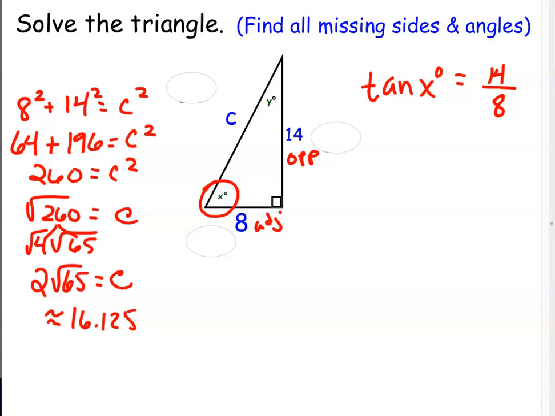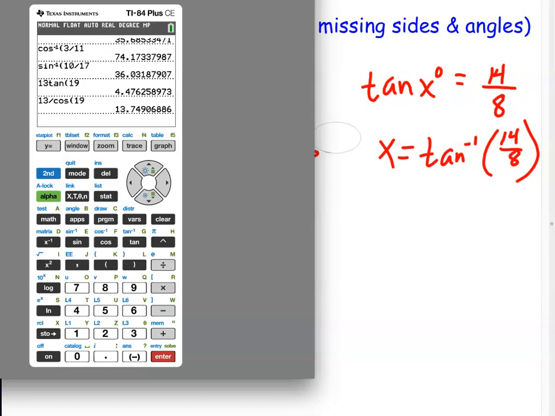How do we find x? We use inverse tan. So x equals the inverse tangent of 14/8. Okay, so second tan 14 divided by 8. Our angle is going to be about 60.26 degrees, 60.3 degrees.